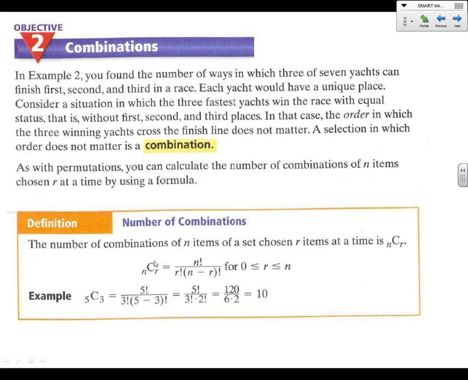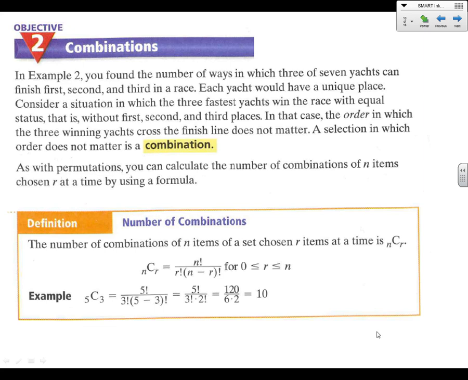And so you're going to see here the nCr formula is the exact same thing as the permutation formula, n factorial over n minus r factorial. But there's also this r factorial in here, which means there's some combinations that we have to cancel because we've already done them in a different order. All right, so 5C3, 5 on top, 5 minus 3, 2 on the bottom, but also we have now 3 factorial in the denominator.